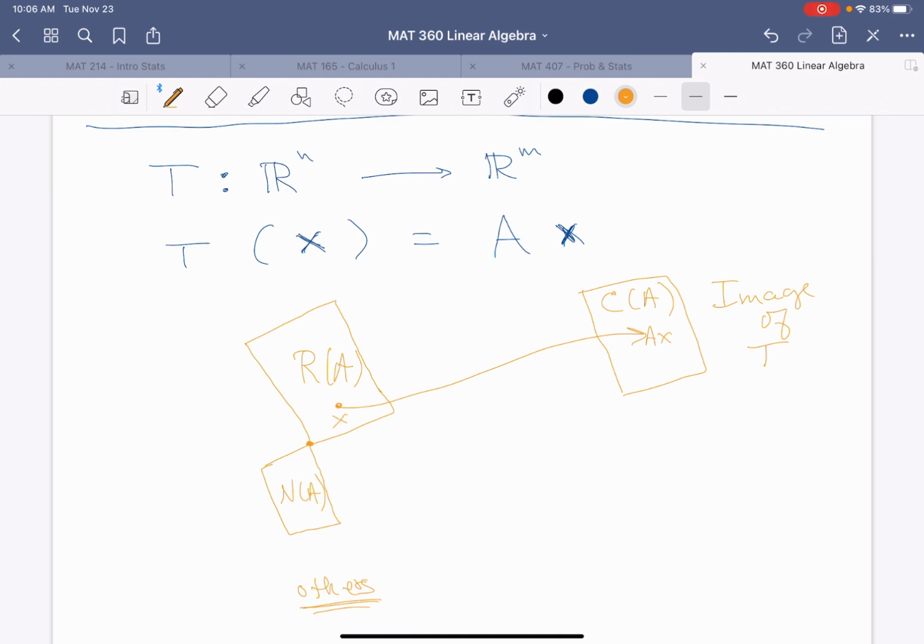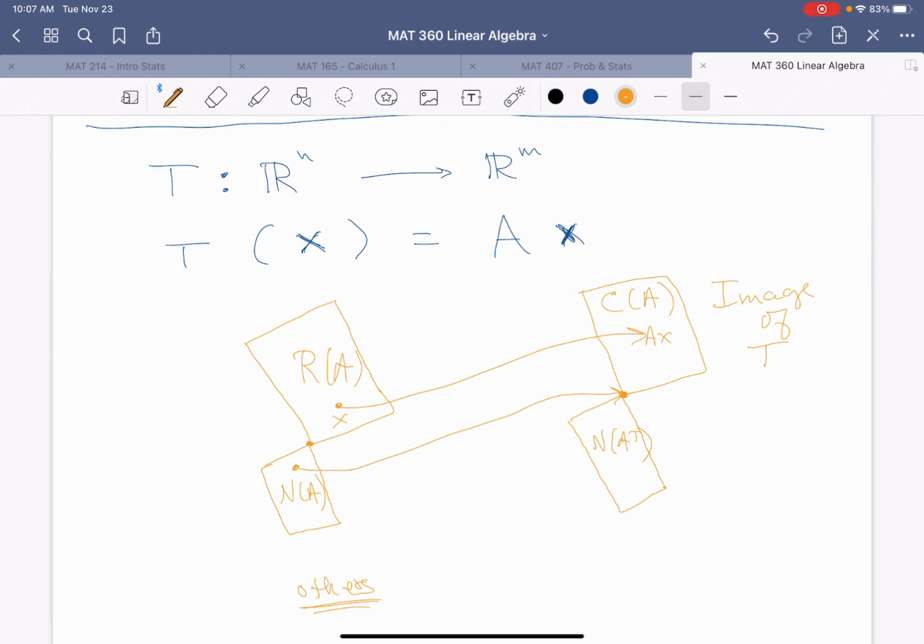It's the image of T. And so we have the zero vector there. And remember that any x that we choose from the null space is going to go to the zero, which is that little corner there. And so we can also talk about over here in Rm, there's the null space of A transpose.